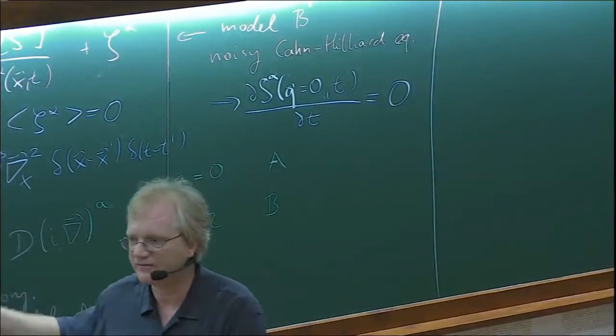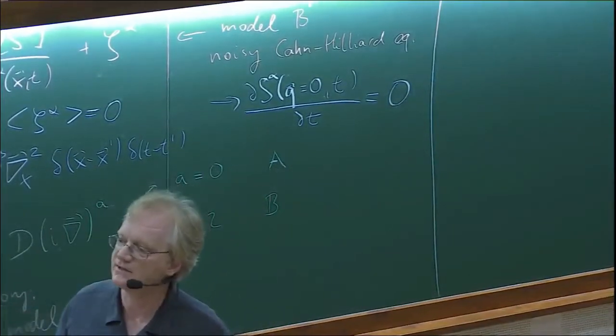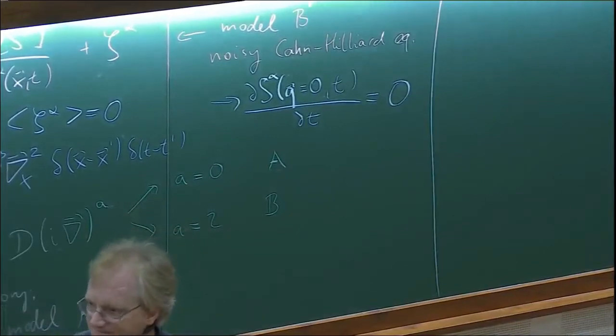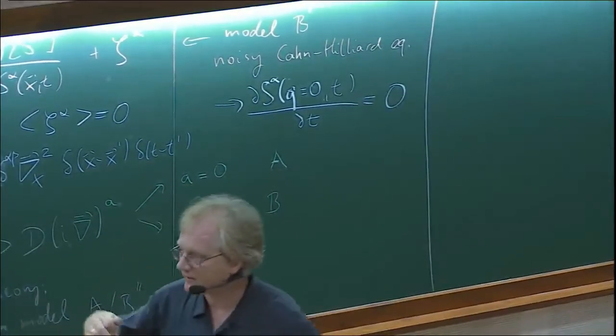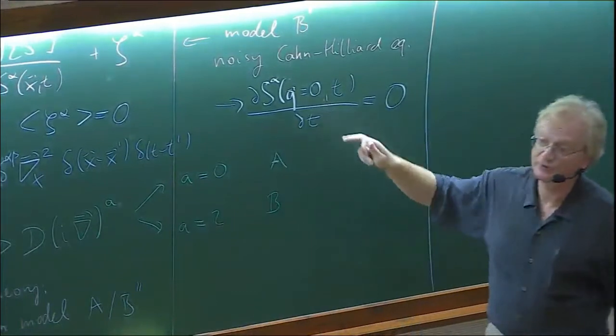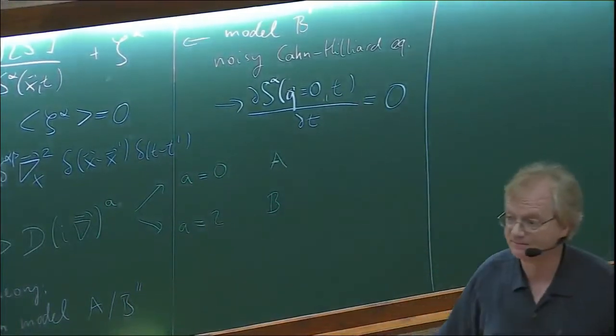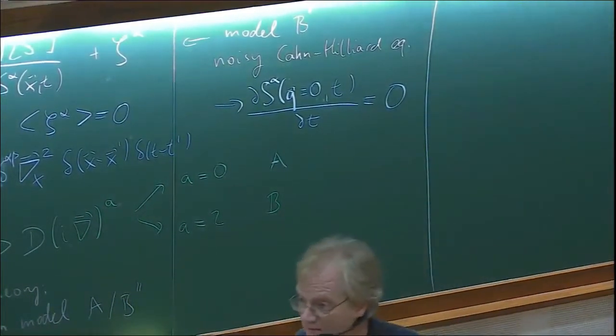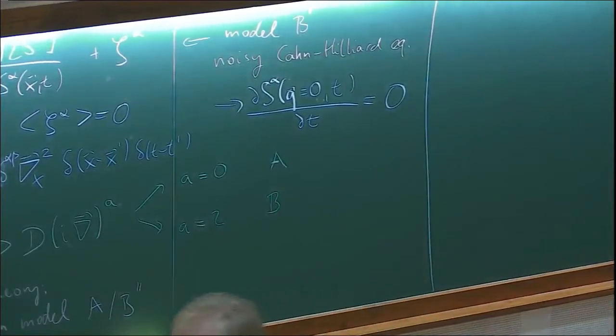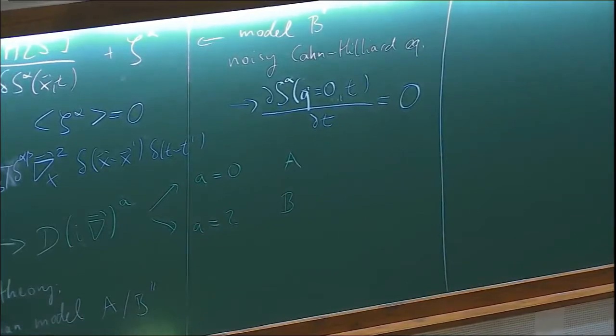As I said, if this were a ferromagnet, that means the total magnetization is fixed in time. Okay? In wave vector space, it means the q equals 0 component is fixed in time. That's what I mean by conserved. And microscopically, it would be under classical dynamics, the Poisson bracket of S with H would vanish. But this is not a microscopic Hamiltonian, so you have to be careful.